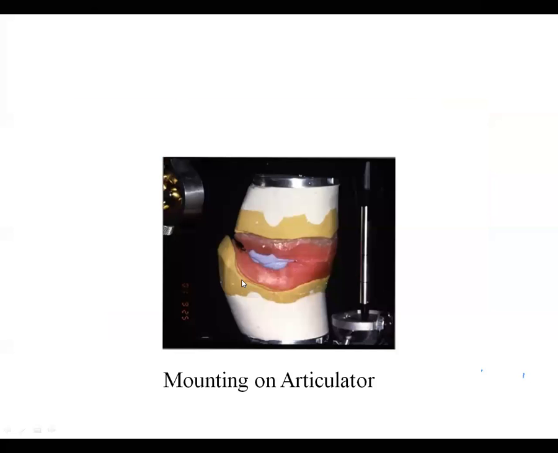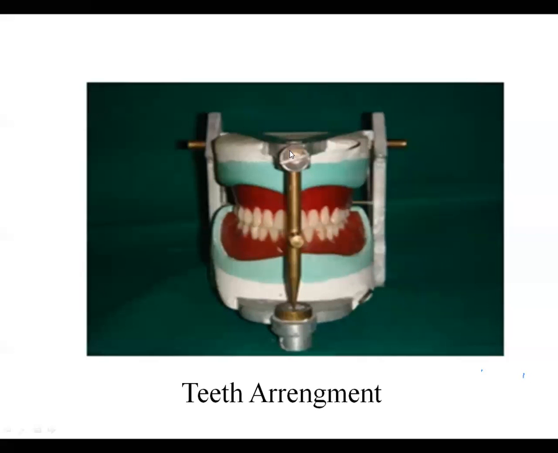We do the mounting on the articulator to maintain the dimensions which we recorded during our jaw relation. After mounting, we arrange all the teeth and prepare a nicely arranged trial denture.